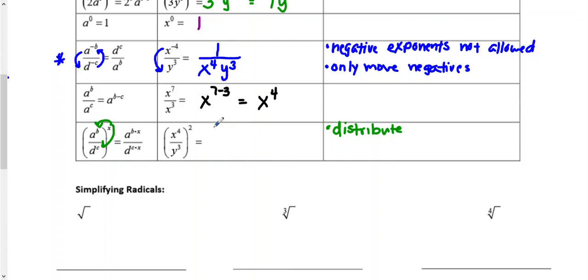So in my example, I have x to the 4th times 2 over y to the 3rd times 2, which gives me x to the 8th over y to the 6th. In this case, I'm done because my bases are different, so that's all I can do.